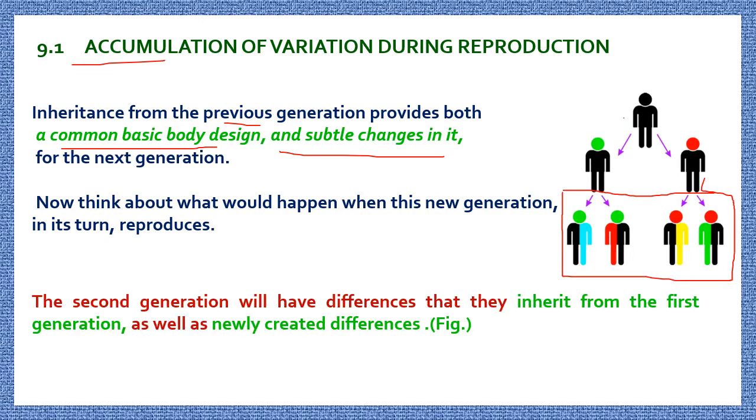The second generation will have differences that they inherit from the first generation, as well as newly created differences also. Here in this picture you can see the first generation, and when this first generation reproduces, we get the next generation, or we can call it the second generation.